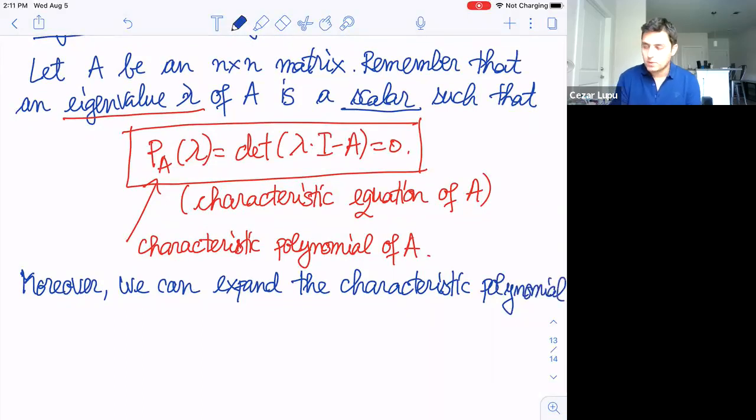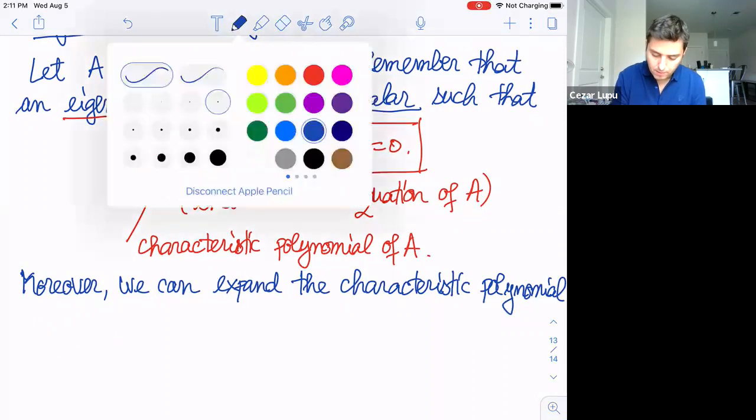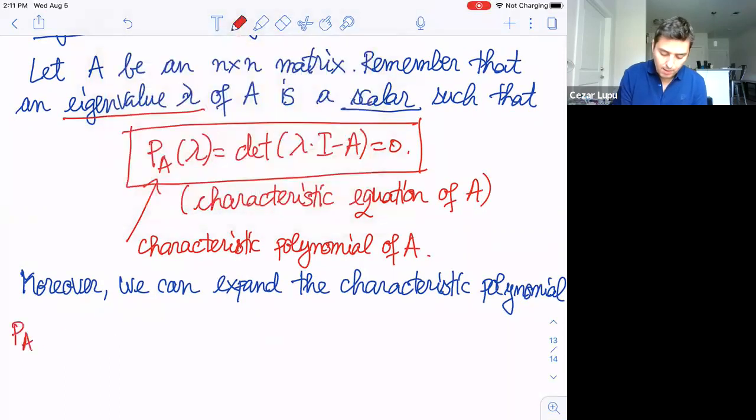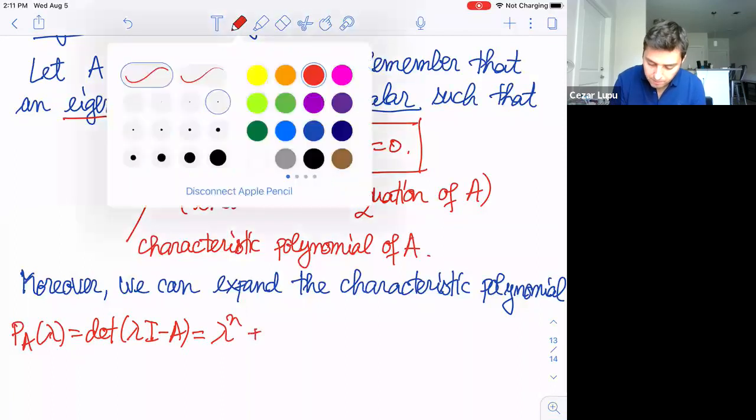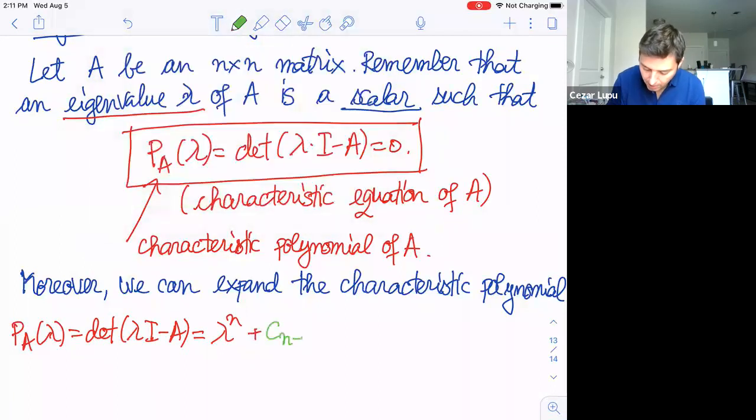So we will have something like this. PA of lambda, which is the determinant of lambda times the identity minus A, is nothing else than lambda to the power n plus some coefficient, let's say C_{n-1}, times lambda to the power n minus 1, plus and so on, C1 times lambda, plus C0. As you can see, the coefficient in front of lambda to the power n is 1.